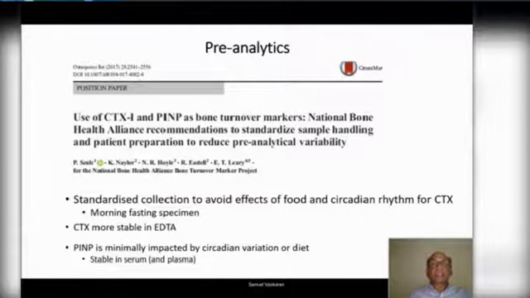Standardized collection is requested to avoid effects of food and circadian rhythm, which is important for CTX. So a morning fasting specimen is collected, and CTX is more stable in EDTA. P1NP is a lot more robust and has less circadian variation or effect of diet. However, if we are measuring both together, you would collect the sample in the morning in the fasting state.